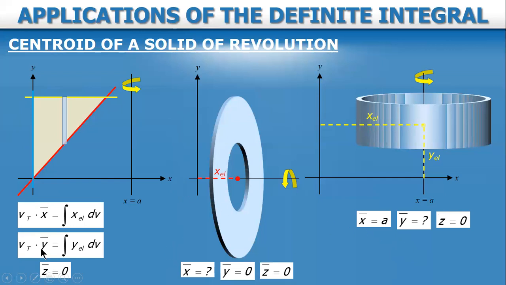So even if the formulas give two coordinates, x bar and y bar, you will only solve one coordinate. The other coordinate can be determined already. Z bar will always be equal to 0. Okay? To apply this, let us solve a sample problem.